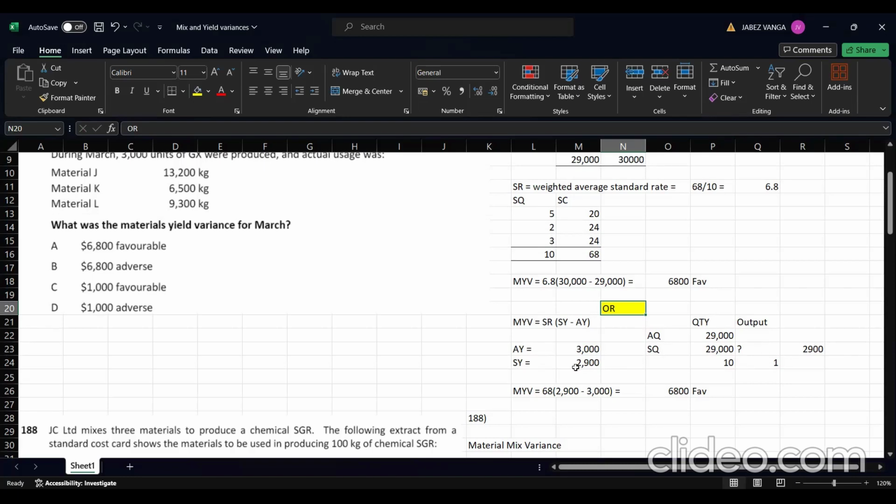We worked that out as the yield. To make 1 unit of standard output, the standard cost is 68. That becomes the rate: 68 into 2,900 minus 3,000, which is 6,800. Whichever way you feel comfortable, you can use that and apply it. I hope that is clear.